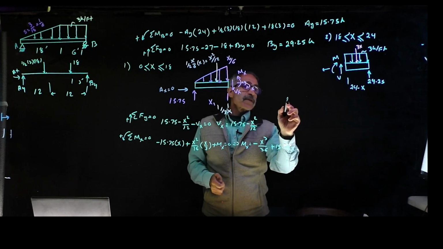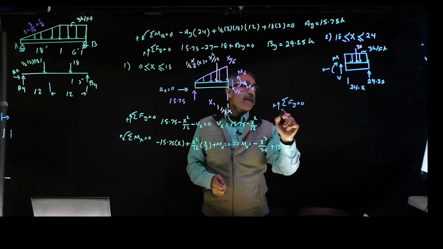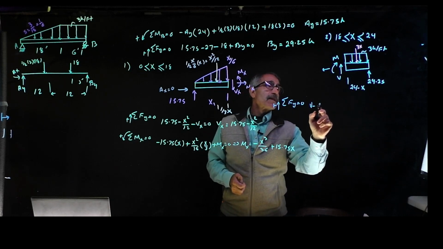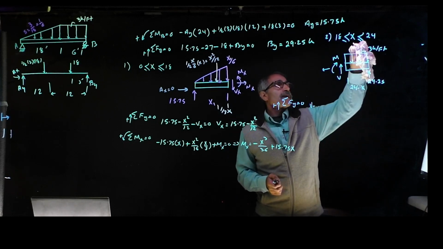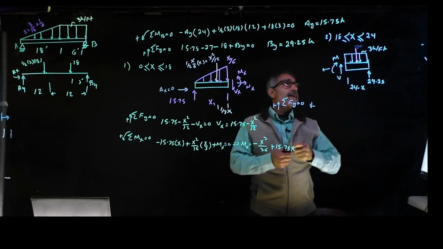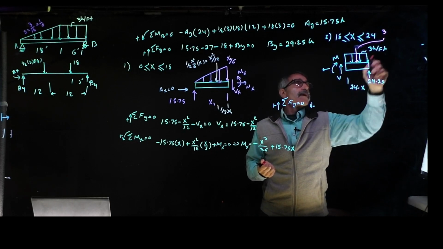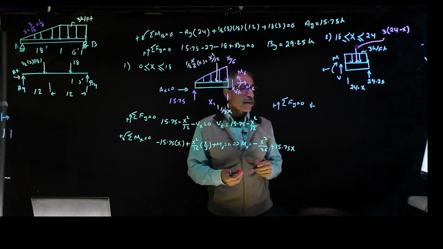So now if I do a summation of Fy equals 0, going up is positive, I have V minus, let me change this magnitude. That magnitude is going to be right here, 3 times 24 minus x. That's what it is, okay?